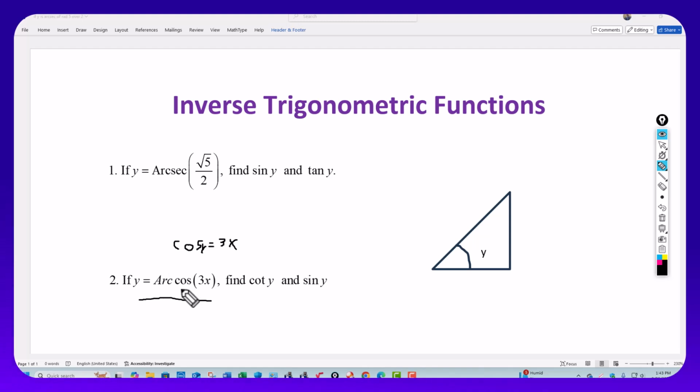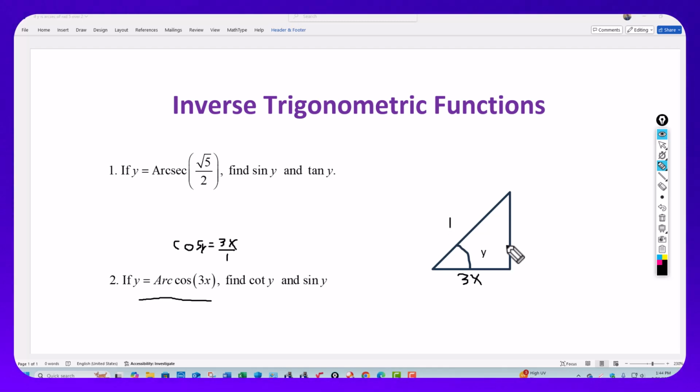Arc cosine and inverse cosine are the same thing, just like arc secant and inverse secant, or secant inverse. So this statement means that y is the angle whose cosine is 3x, or we can write this as 3x over 1. And the cosine is the adjacent over the hypotenuse.